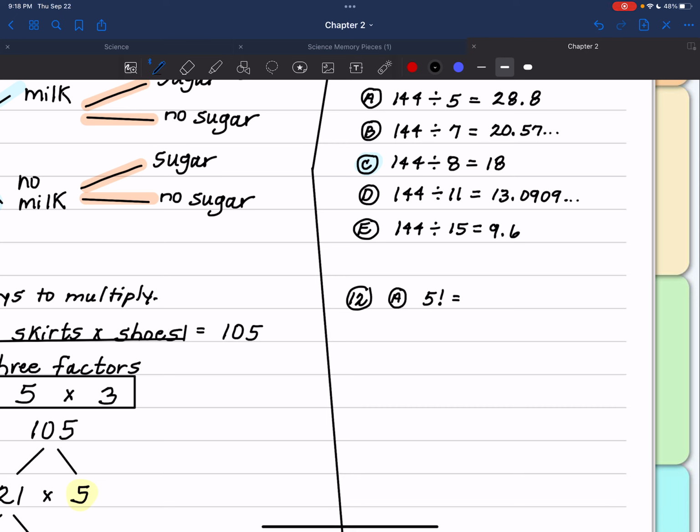5 factorial is 120, I think. Let me make sure of that.